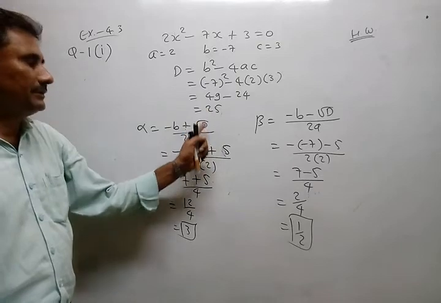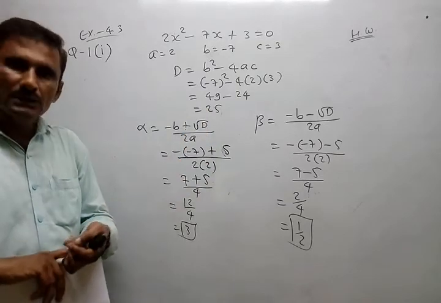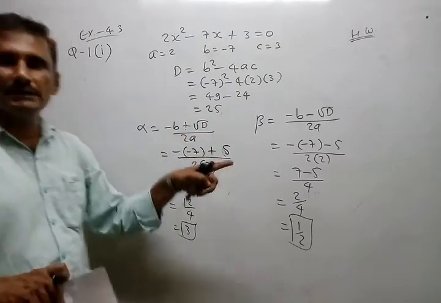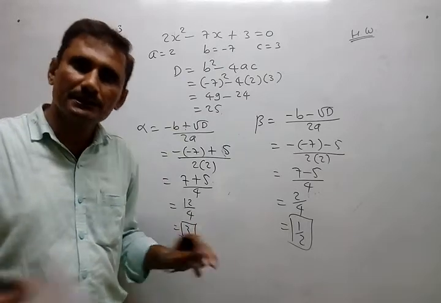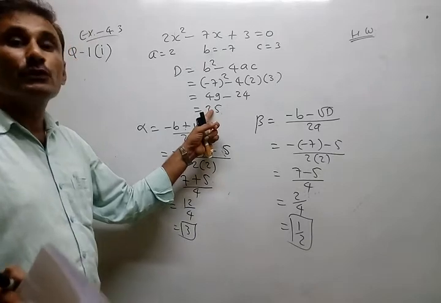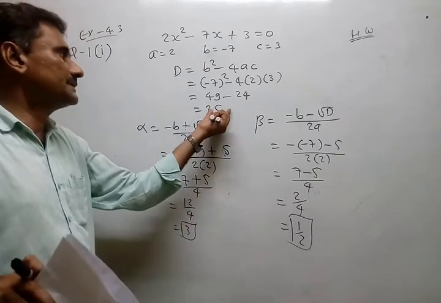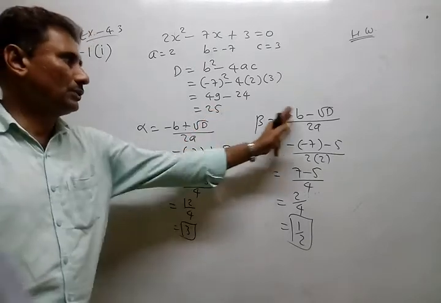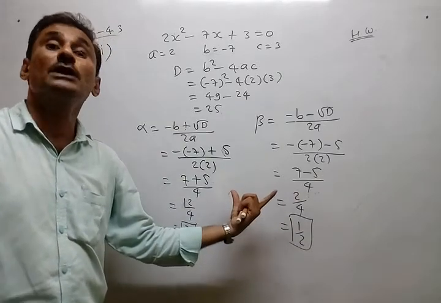Why? After a negative number we cannot find the root. So at that time you have to give the answer d is less than 0, so no real roots, sum over. But if it is positive or 0, in 0 only one calculation you have to do, no need for the second one because both are equal.